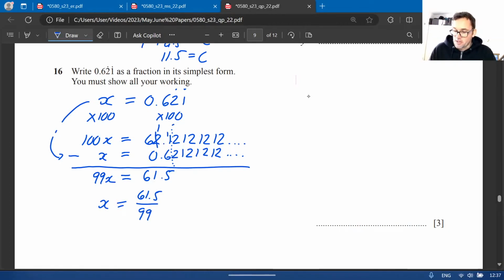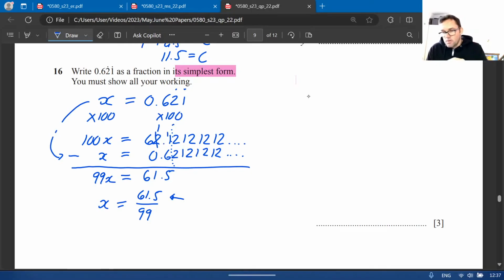We've got a fraction. Do we? Well, it says we need to write it as a fraction in its simplest form. We cannot have a decimal mixed with a fraction, because if you do that, there's an infinite amount of fractions you can write. I mean, we can write 61.5, we can write 0.615.